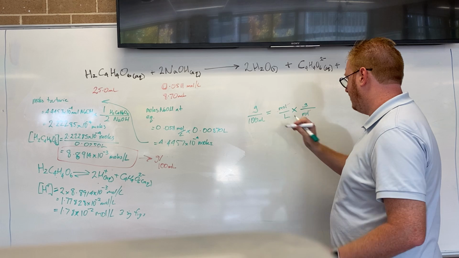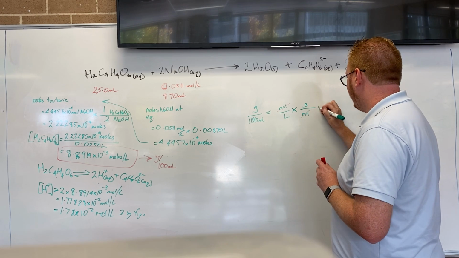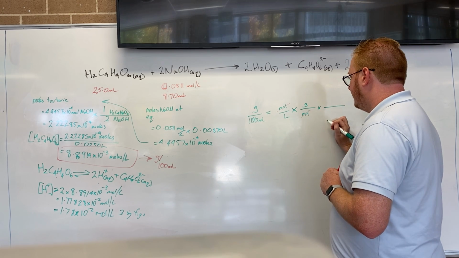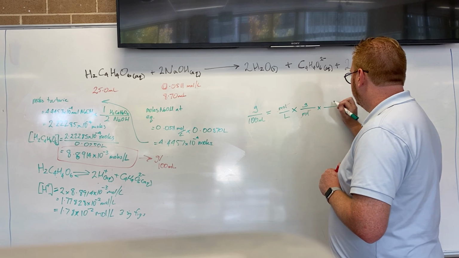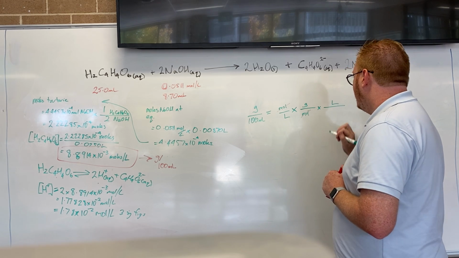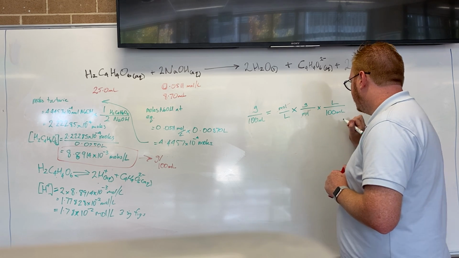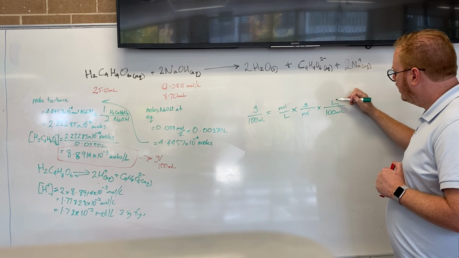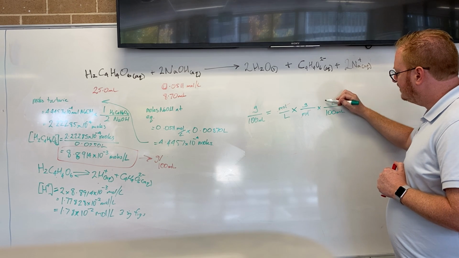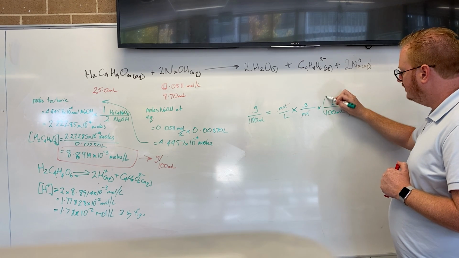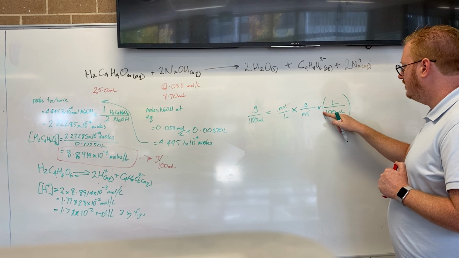That's not exactly what I want though, so I'm going to multiply it by another fraction. I don't want to get rid of grams, but I want to get rid of litres from the bottom, so I'm going to put it at the top. And I want 100 millilitres down the bottom. But notice that this has to equal 1, because I don't want to change the number.